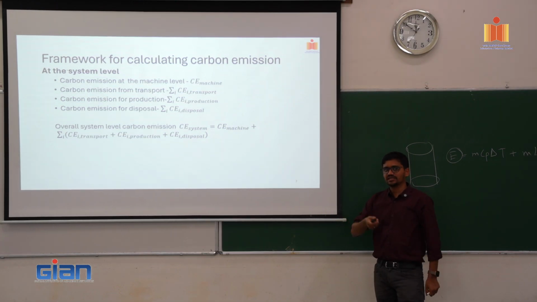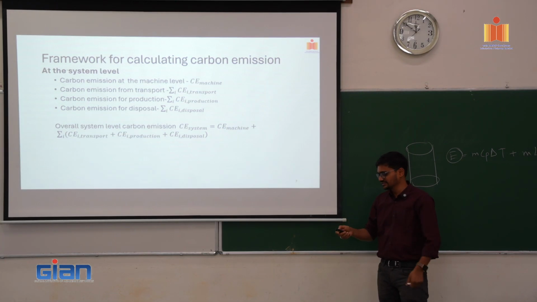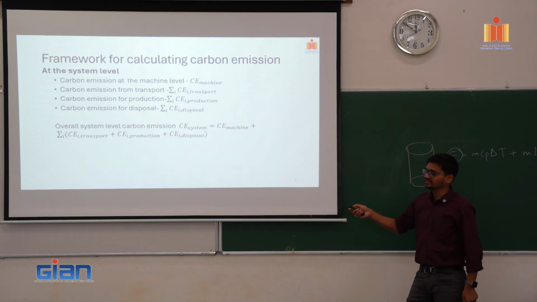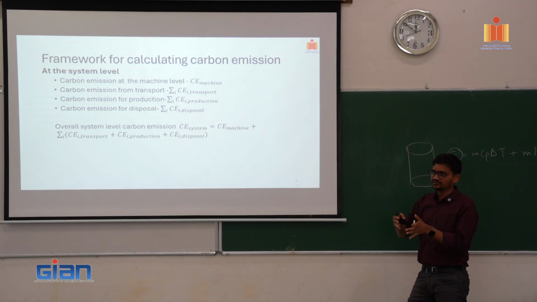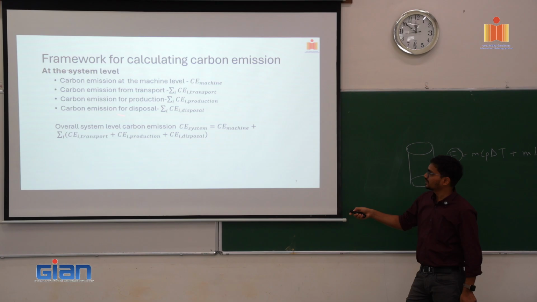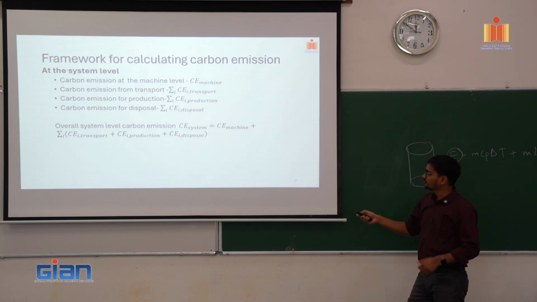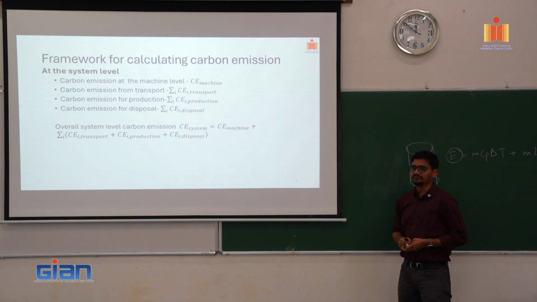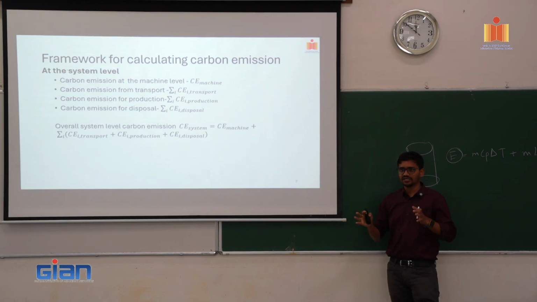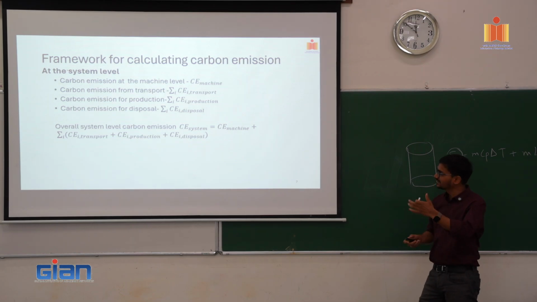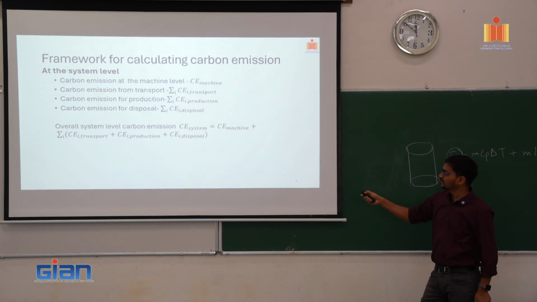But now the consumer uses it, the consumer spends some energy, the consumer disposes it, and that is the cradle to the grave. So there will be some carbon emission for that as well. And overall, you can estimate the typical system level carbon emission for a given manufacturing component. So if you are considering a plant, then all of these things need to be taken into account.